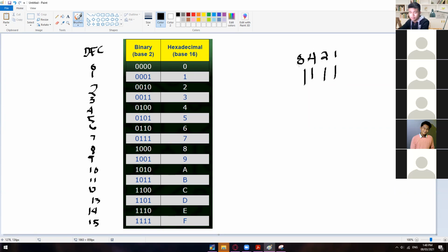So 8 is activated, 2 is activated, and then 1 is activated. So 8 plus 2 plus 1 is equal to 11. And in hexadecimal, 11 is letter B. That's how we read this binary into hexadecimal.